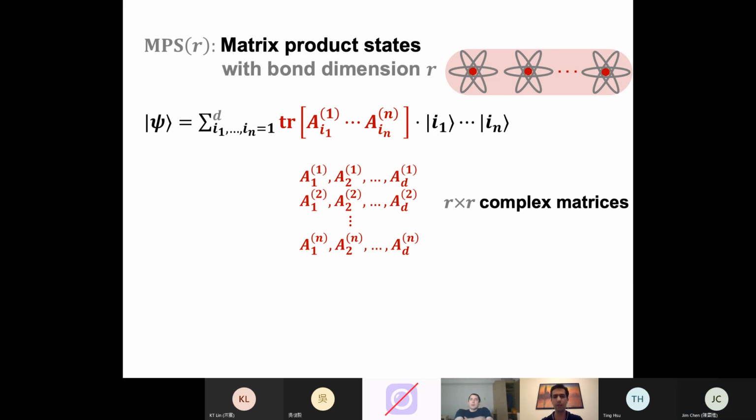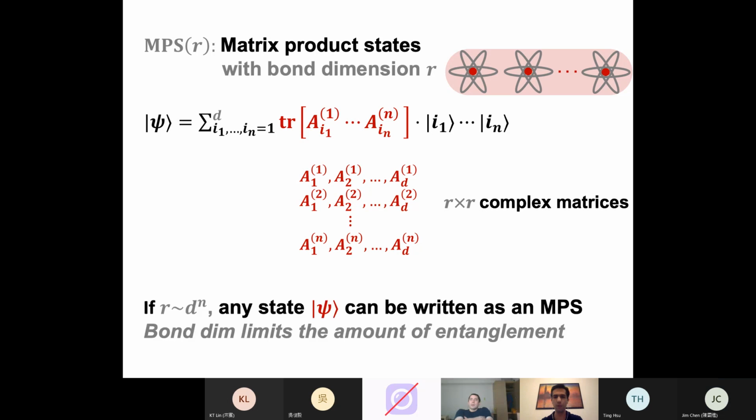And this means we are implicitly assuming an ordering of the qubits. So we assume all these matrices are R by R matrices. And again, one can show that when R is sufficiently large, meaning exponential in the number of qubits, then any state has an MPS representation. But for smaller values of R, we are restricting the amount of entanglement present.